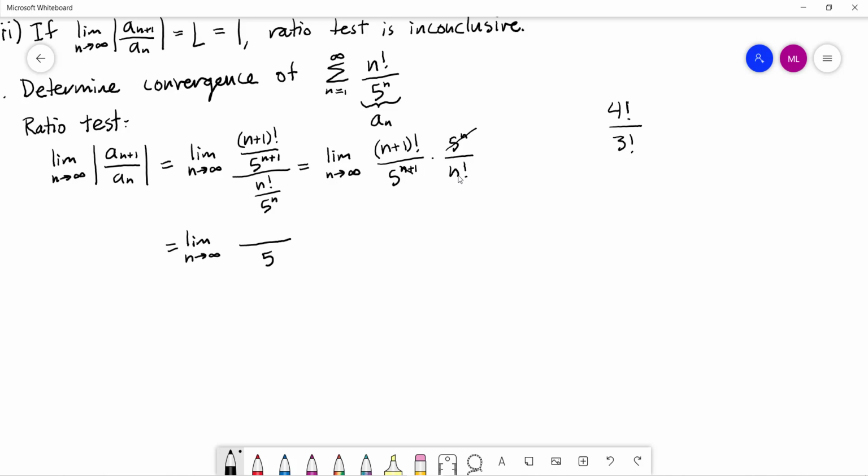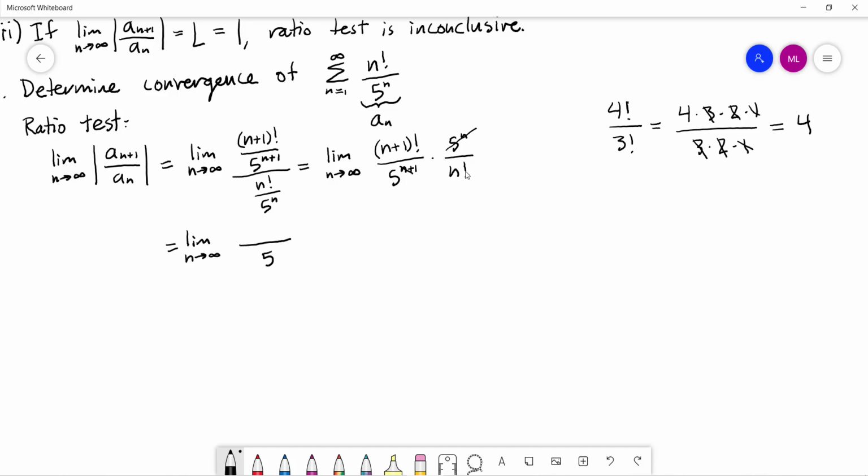That would be an example just like this. If n was equal to 3, I'd have 4 factorial over 3 factorial. Well, 4 factorial is 4 times 3 times 2 times 1. 3 factorial is 3 times 2 times 1. And we can cancel all of the terms really nicely, and we wind up with just, in this case, the number 4.